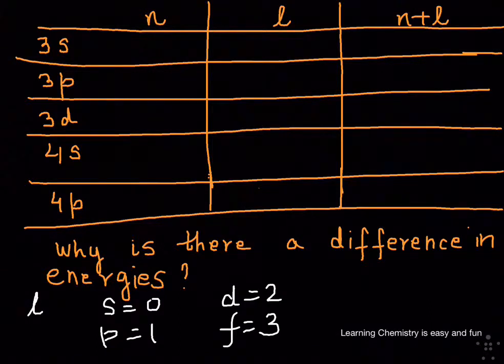Are you ready to tally your answers? For 3s, n is 3 over here. L is 0.